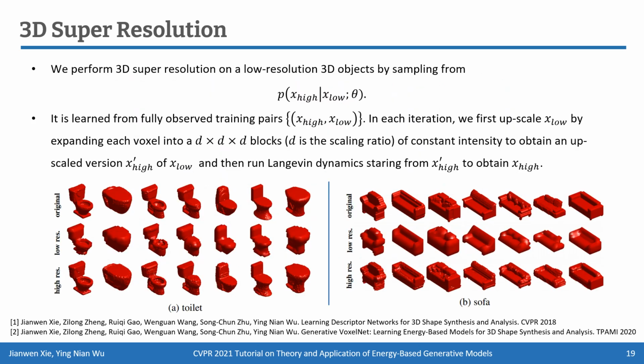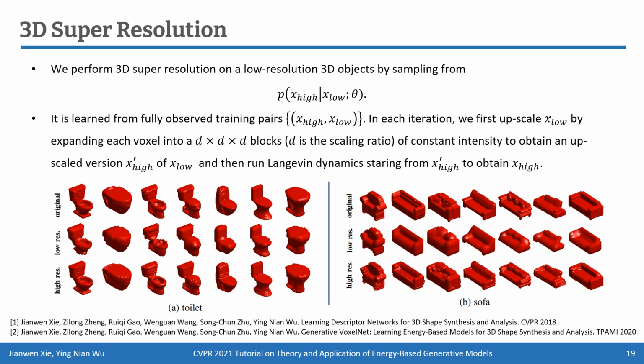Similar strategy can also be applied to 3D super resolution, which seeks to increase the resolution of a testing 3D object. A low-resolution 3D dataset can be easily created by downsampling a higher resolution dataset. Then a distribution of high-resolution 3D shape conditioned on the corresponding low-resolution 3D shape is trained for super resolution. The idea is similar to the one in the recovery application, except that the sampling from the conditional distributions is different.